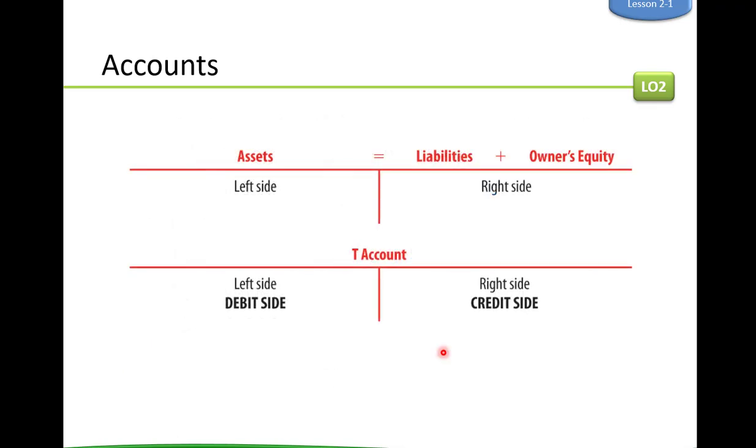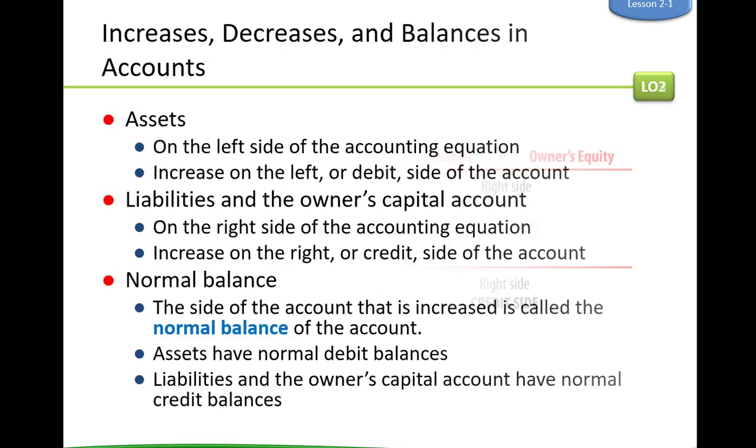And in a T account, you'll put the account name up at the top. On the left-hand side is your debit side. On the right-hand side is your credit side. The way I remember it is DC Comics. And so assets, the left-hand side of the equation, is the increase side.